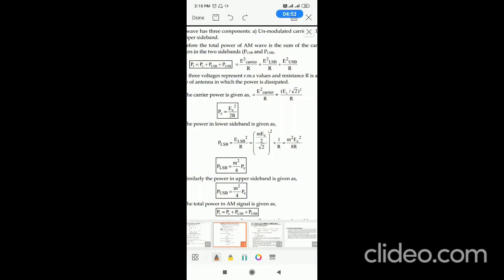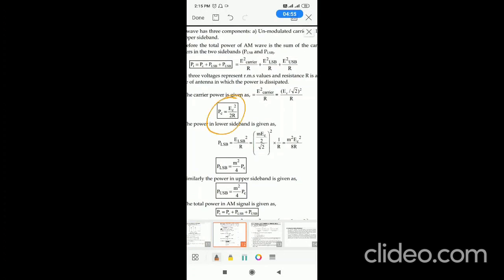Bandwidth calculation we discussed. Now power relation. For calculation of power relation, you need the time domain equation and its amplitudes, because power always depends on amplitude, not frequency. If you look at the time domain equation, there are three components. One is carrier, whose amplitude is EC, and for carrier you will get a carrier power of EC square by 2R.